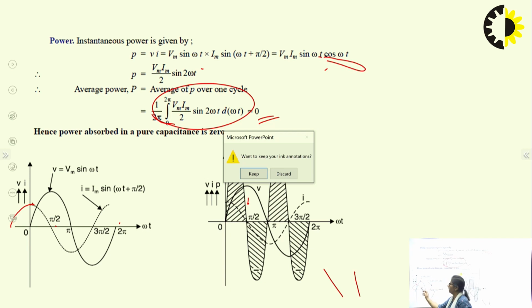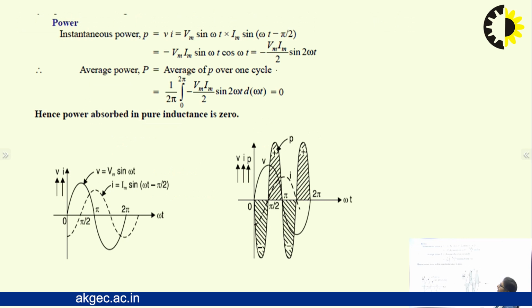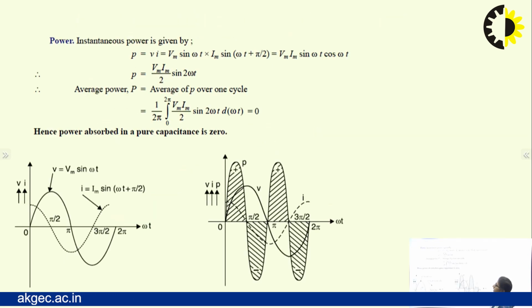In the very first quarter of the cycle, both the voltage and current are positive, so the power is also positive. Here, the voltage is positive but the current is negative, so the power is negative. Same way, positive and negative. But over a complete cycle, all the positive halves will be cancelled by the negative halves. So the average power is going to be 0.